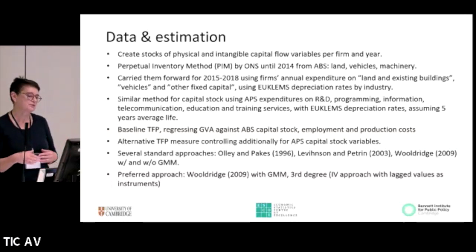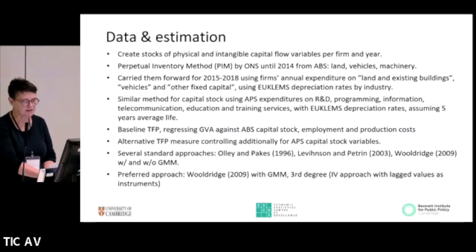And then we tried different standard approaches to estimation that are widely used in the literature. The differences are not very large between the different estimation methods, and we settled on the Wooldridge method, which seems to be emerging as the favorite in the literature and gave us a little bit more stable and robust results. So that's the setup.